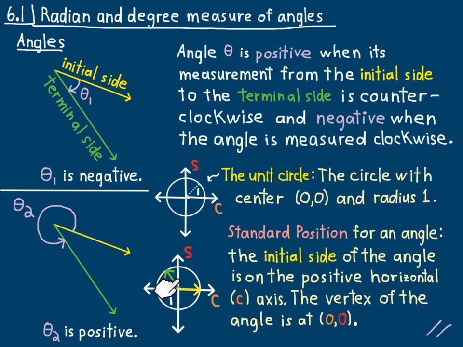Usually if an angle isn't in standard position, we put it in standard position in order to compute things. Okay, the vertex of the angle is this point here, where the two endpoints of the rays meet. That's the vertex of the angle, and it's at 0, 0.